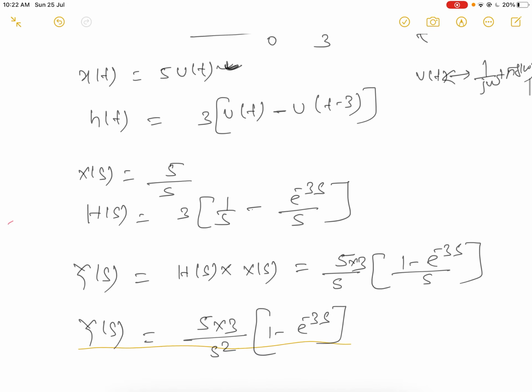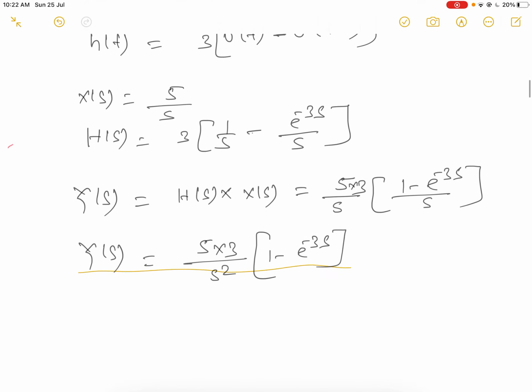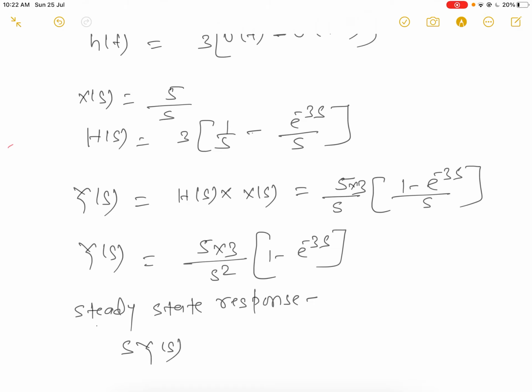Steady state response means t tends to infinity, so apply the final value theorem. The steady state response is the limit of s times Y(s) as s tends to 0.